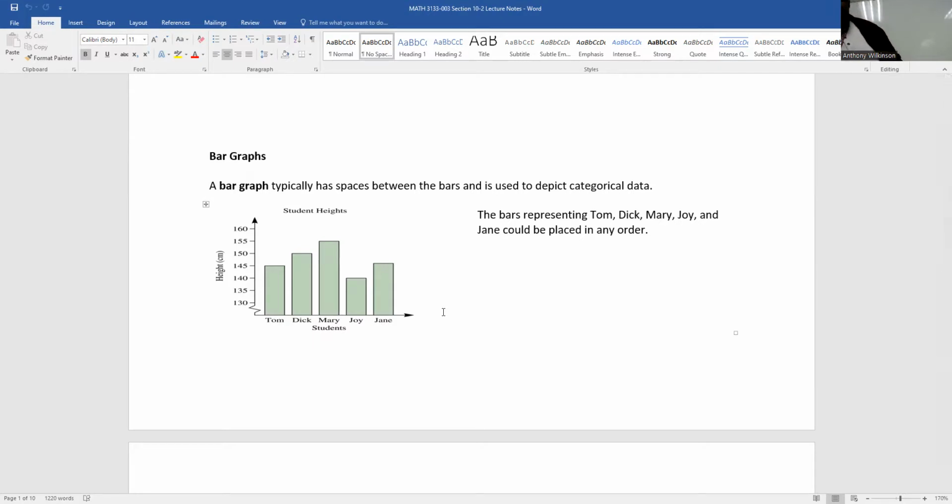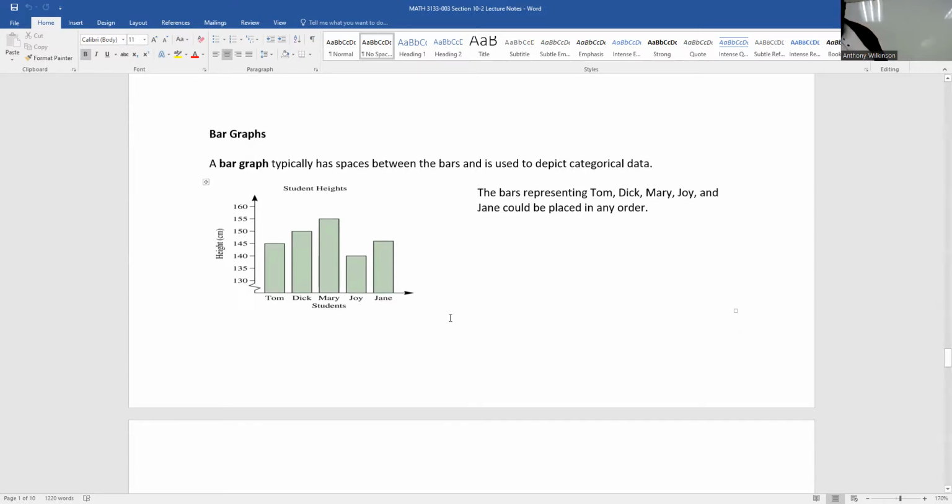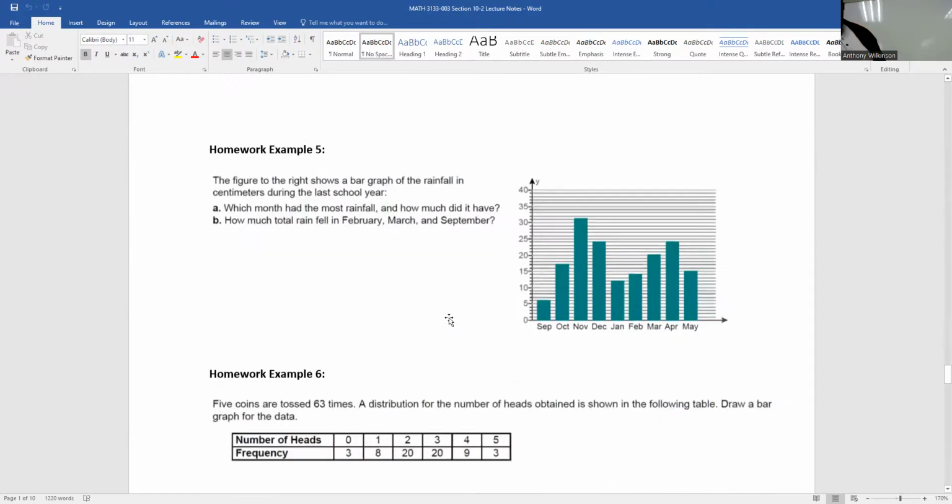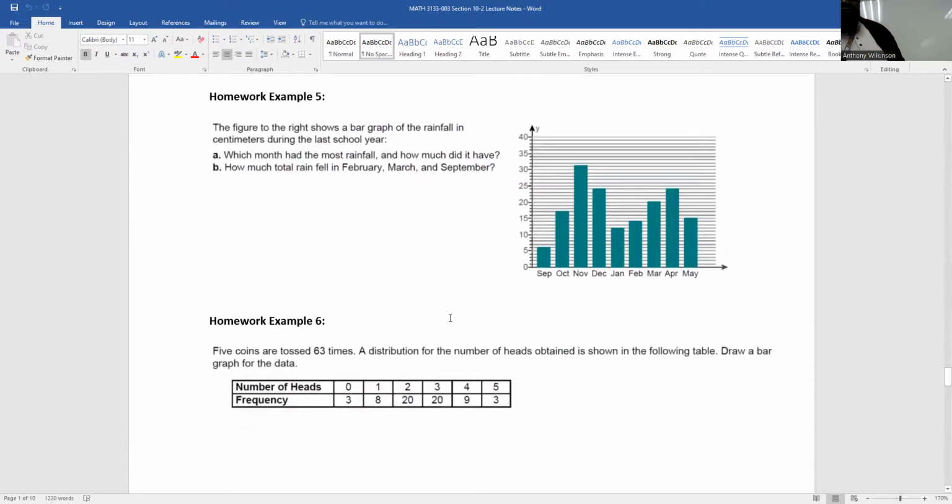Okay. So here we can use bar graphs to answer questions, like in this next example on the next page. The figure to the right shows a bar graph of the rainfall in centimeters during the last school year.